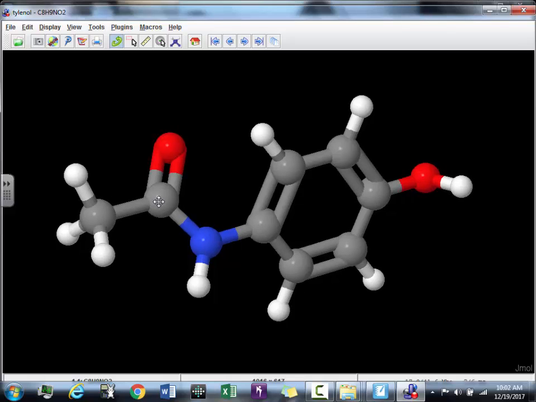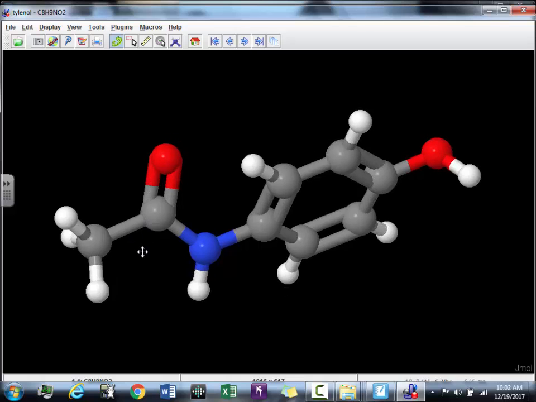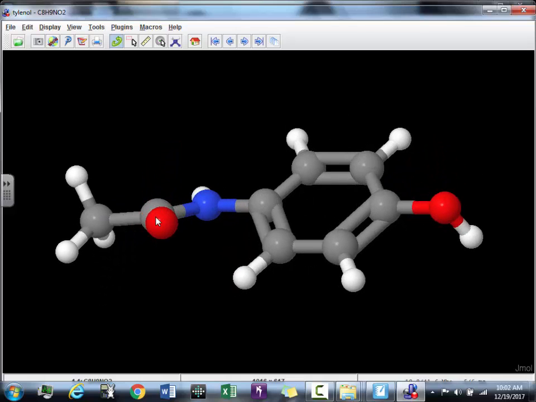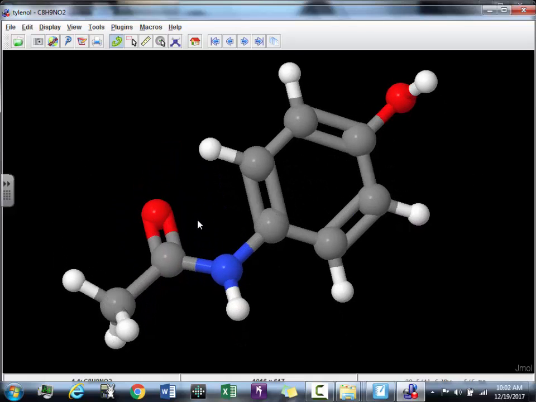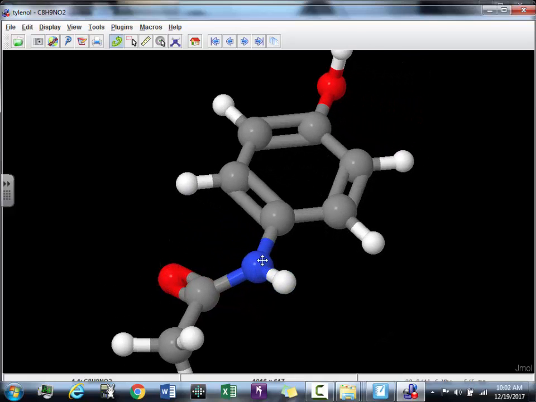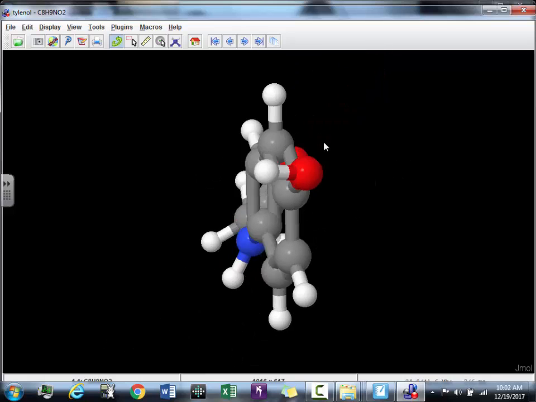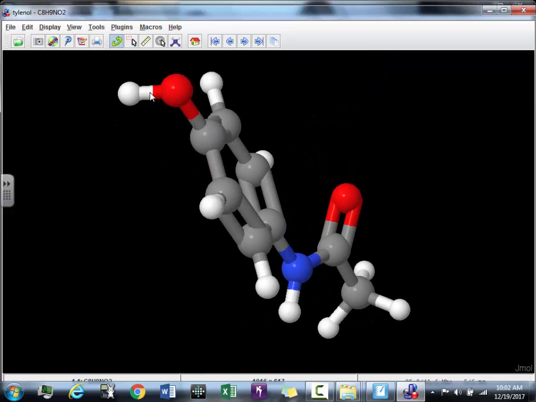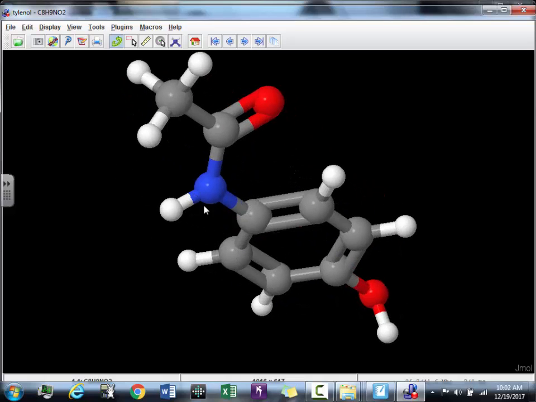This guy right here has a trigonal planar shape. If you can see it, this piece right here is completely flat. This guy right here, around the blue one, is also a trigonal planar shape. It's perfectly flat. This thing right here up in the corner, though, that's got a bent shape to it. As these molecules get bigger and bigger and more complex, you get lots of different shapes to them.